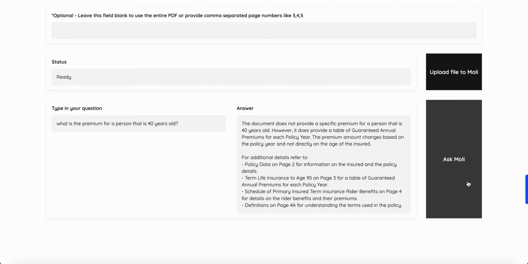Interesting. So here you will see that the model is saying that the document does not provide a specific premium for a person that is 40 years old. However, it does provide a table of guaranteed annual premiums for each policy year. So effectively what this means is it is not a fixed number. Depending on other factors, the premium varies, and the model is pointing to those additional details which weigh in determining the premium.